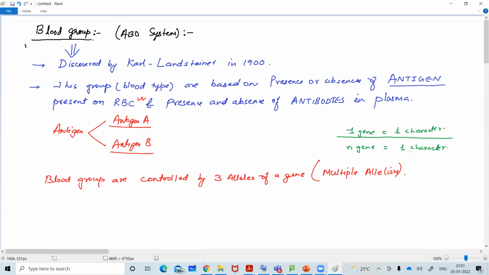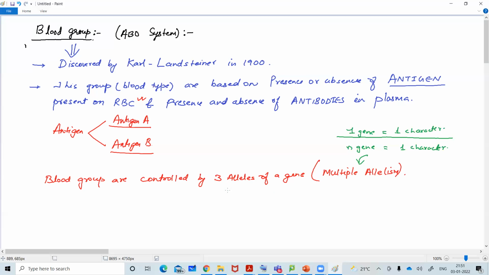Then blood group inheritance. These things are controlled by more than one gene. So if any character is being controlled by more than one gene, that comes under multiple allelism.